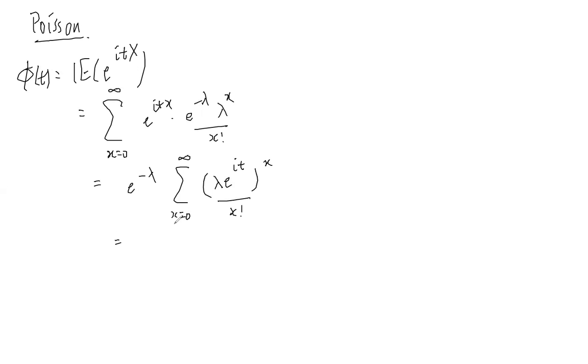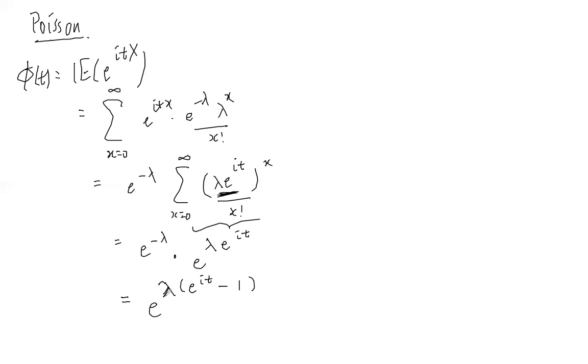So this is again just the infinite series for the exponential function, multiplied by e^(-lambda). So you end up with e to the power of lambda times (e^(it) minus 1).